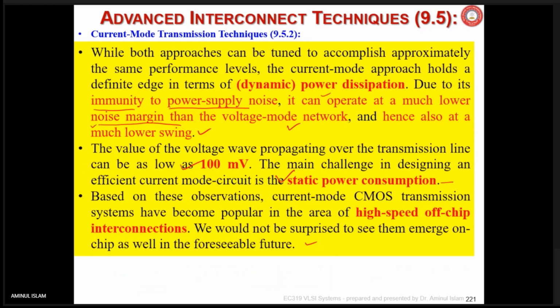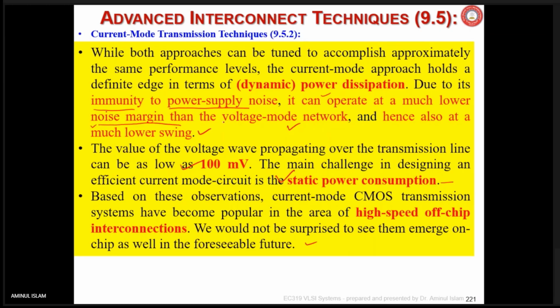While both approaches can be tuned to accomplish approximately the same performance levels, the current mode approach holds a definite edge in terms of dynamic power dissipation. Due to its immunity to power supply noise, it can operate at a much lower noise margin than the voltage mode network, hence also at a much lower swing.